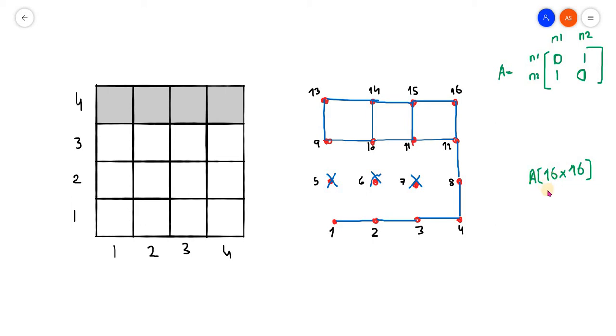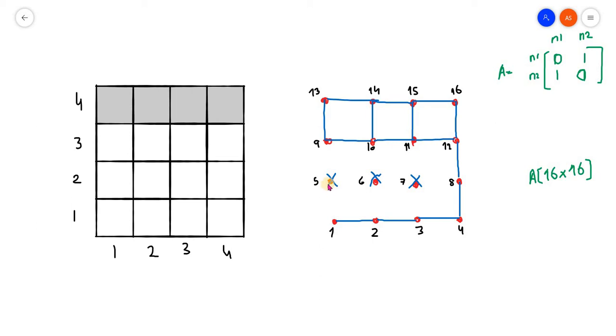So to avoid this, what we do, we shall make a 16 by 16 matrix in Matlab, and then fill it with all ones, so there will be full connectivity between all the nodes. And then we manually remove connectivity between some of the points.